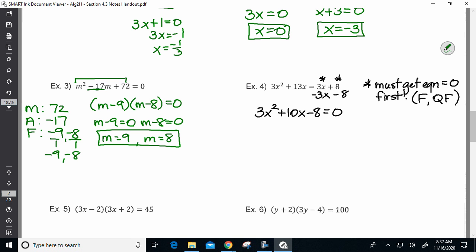So now we factor. We have 3 terms, still use MAF. 3 times 8 is negative 24. We need to add up to 10. So we need 2 numbers that multiply to negative 24, add up to 10. What are we using?